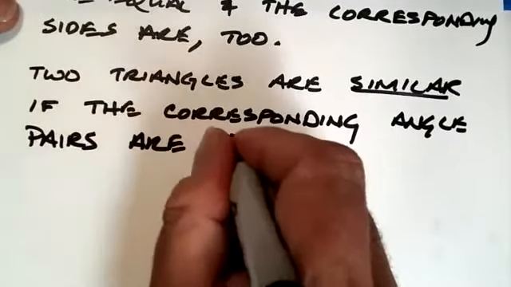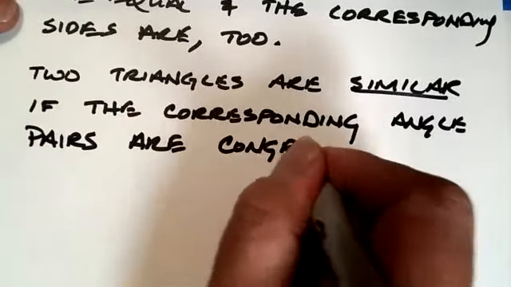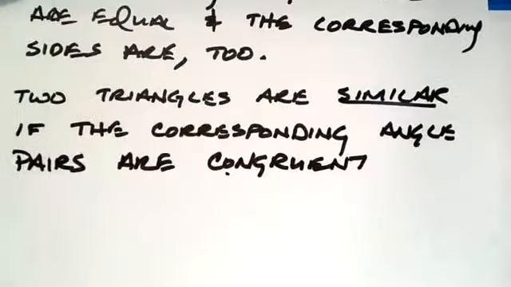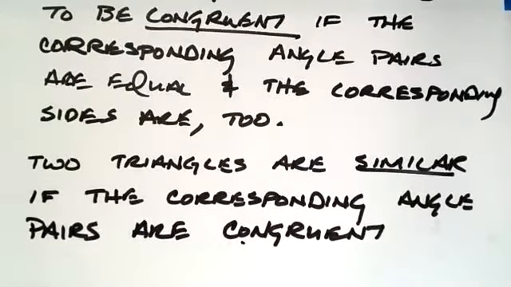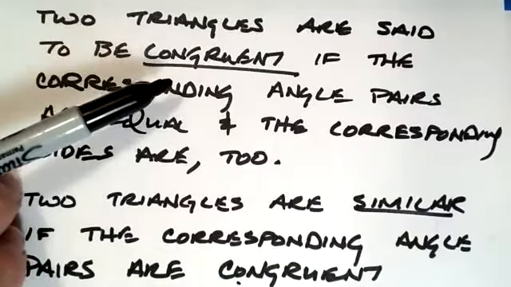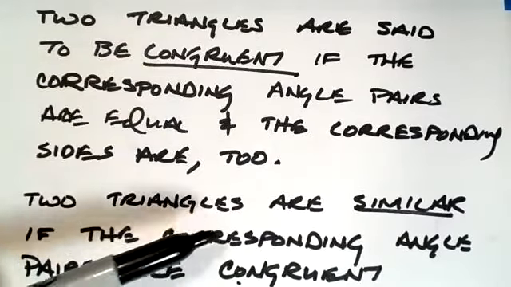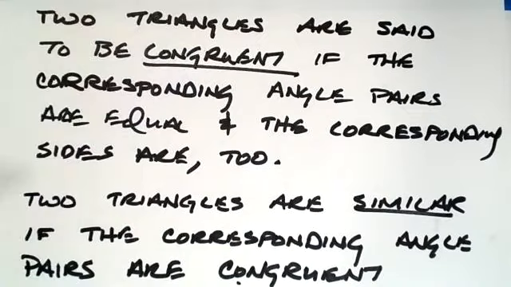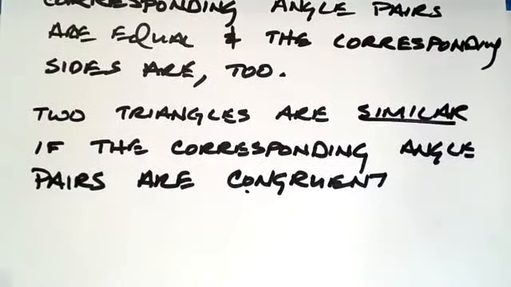Or I really should say are congruent, because that gets to the heart of the statement. If you have pairs of congruent triangles, then those triangles are also similar. But similarity does not guarantee congruence, at least not in Euclidean space.